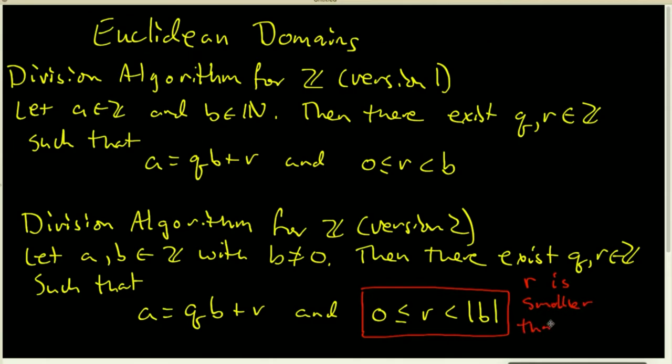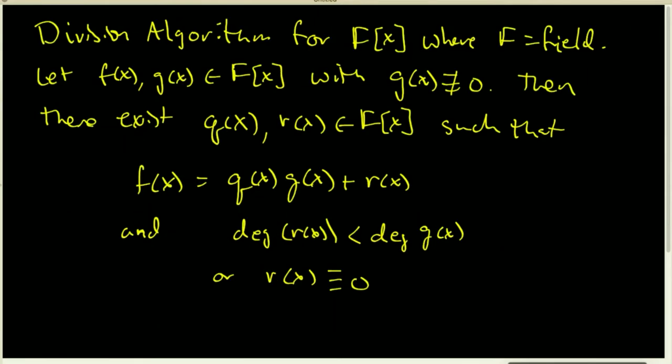Well, now let's look at the ring of polynomials. If we happen to have F is a field, then the ring of polynomials where the coefficients are drawn from F always has a division algorithm.